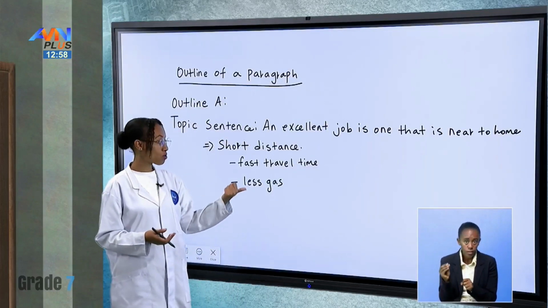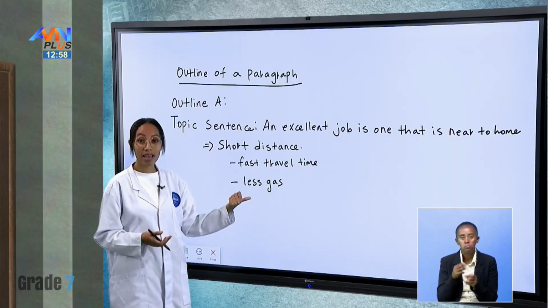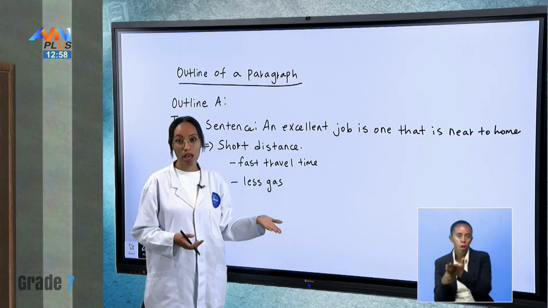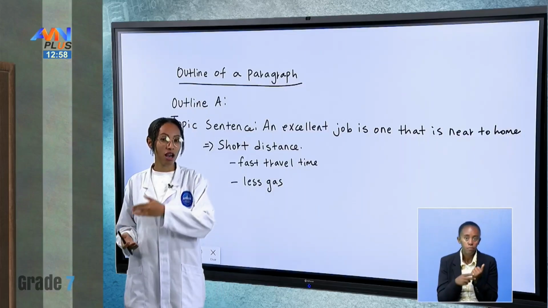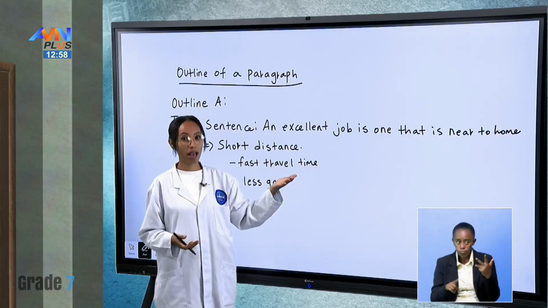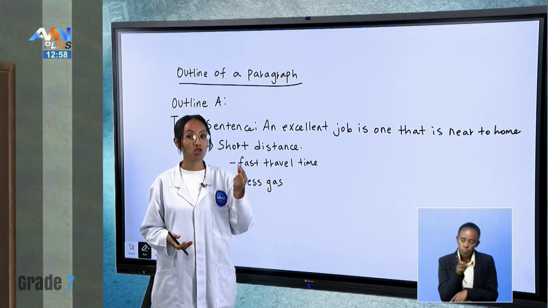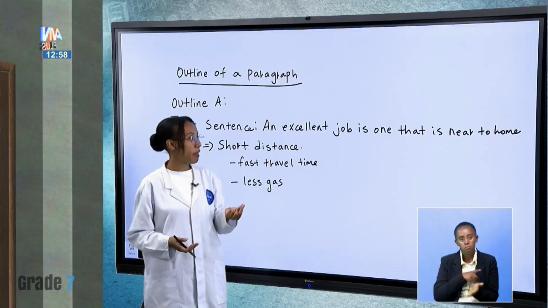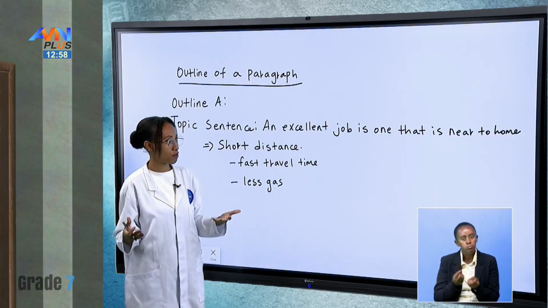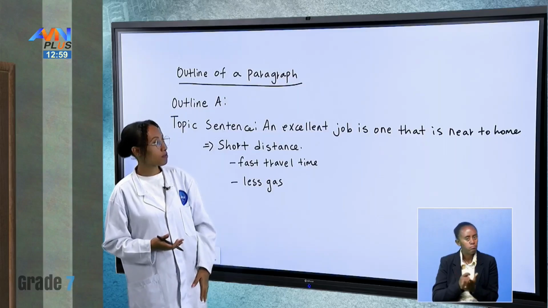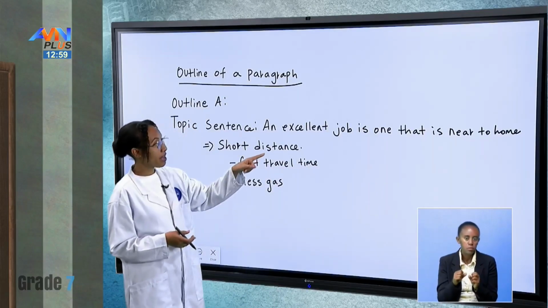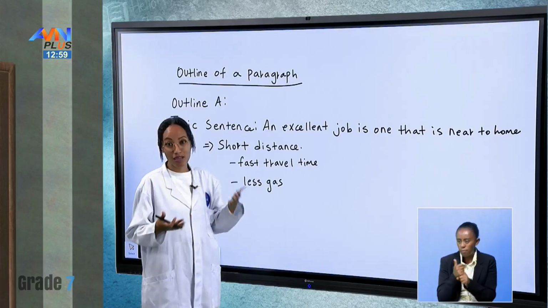And it will also be less gas, or in this case, it will save you transportation money. Imagine if you take 2 buses and 1 taxi, every day you have to have travel money expense. It may be expensive, it may be a lot of money for you. So it will save you a lot of time. These are all ideas you can take from: an excellent job is one that is near your home.